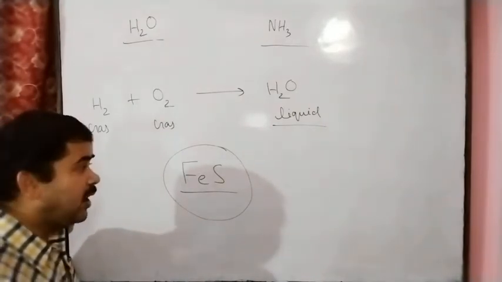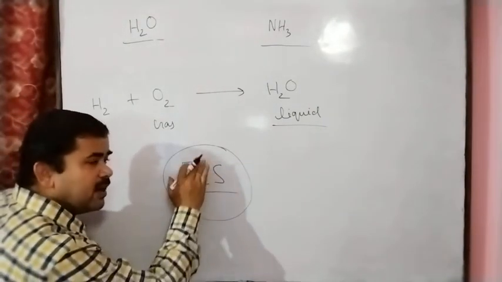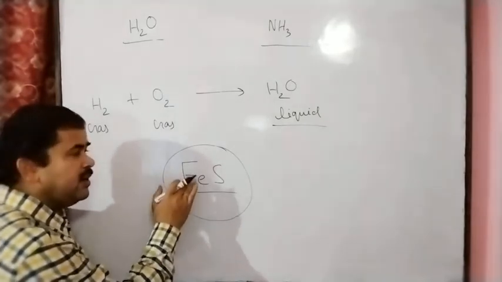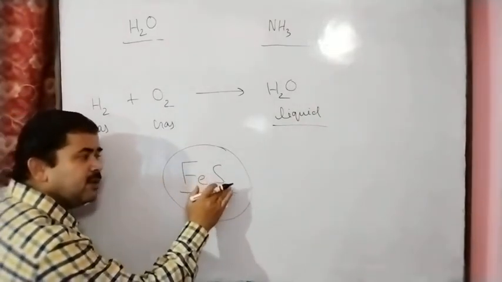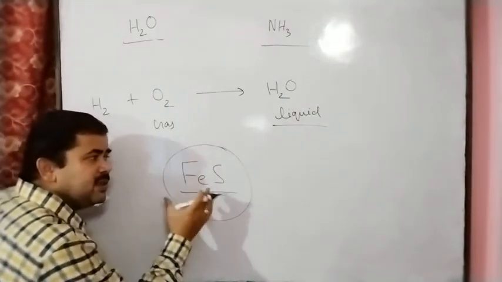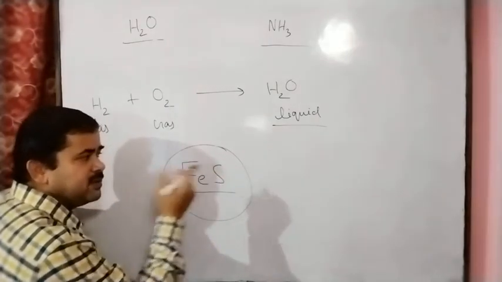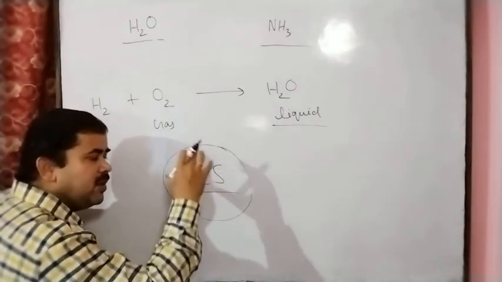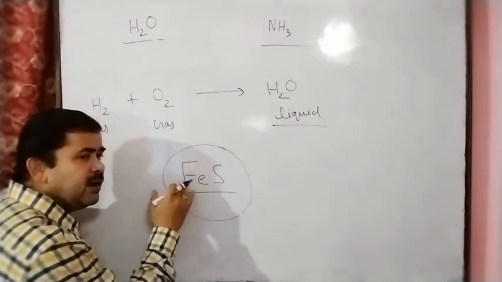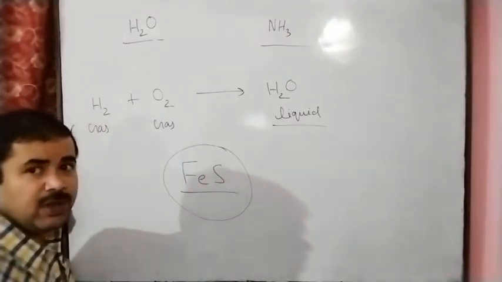Why? Because the iron is present in compound form, combined with sulfur, and due to the formation of the compound FeS, the iron lost its properties.